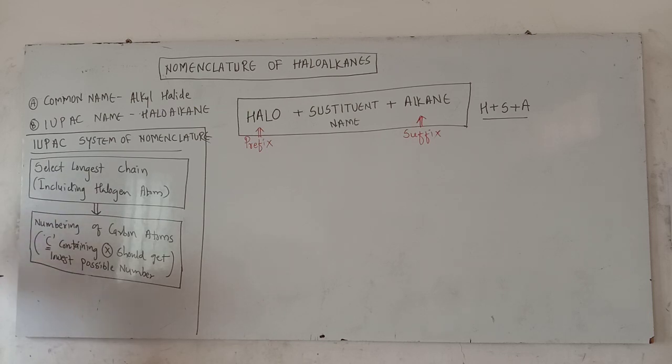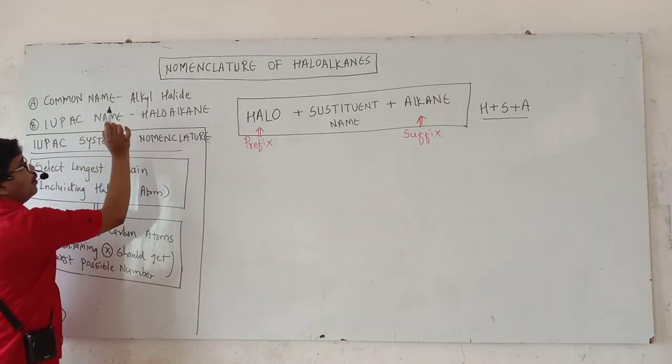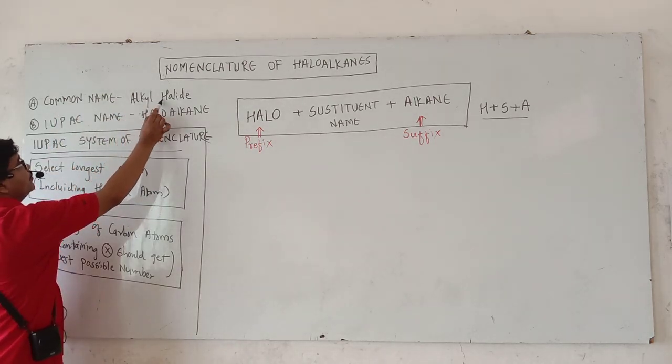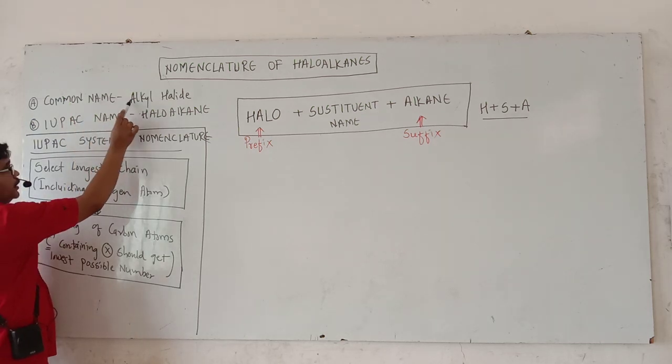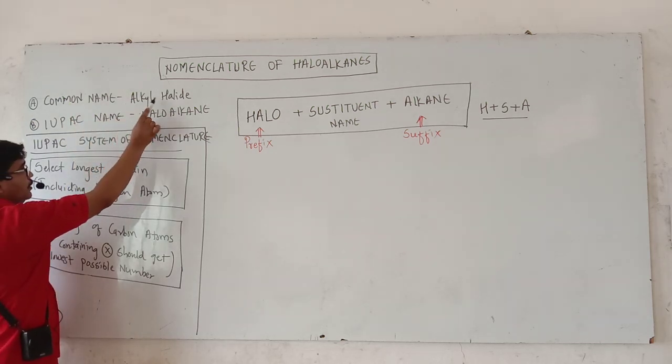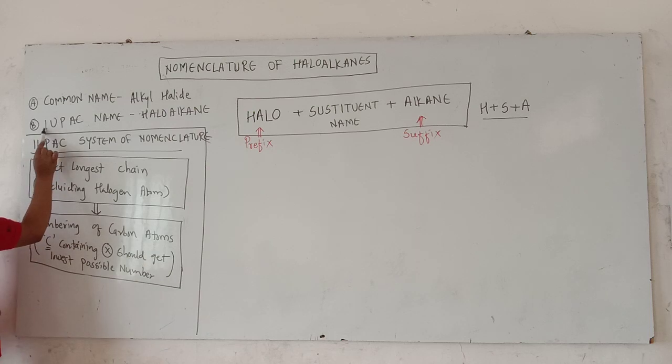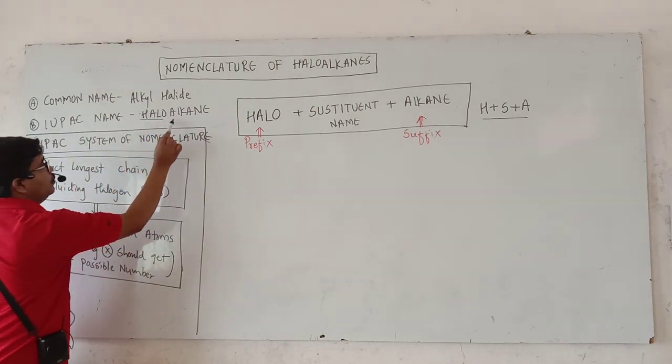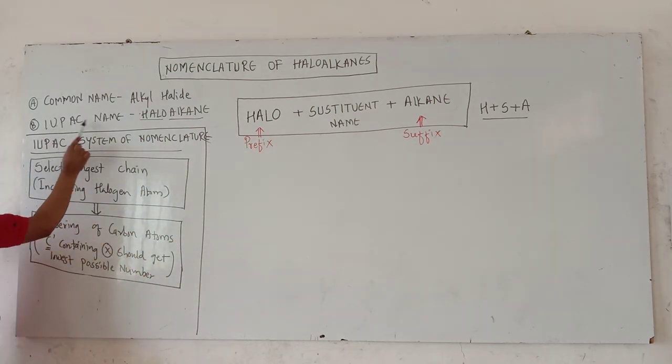Generally, the common name we write in the form of alkyl halide, and the IUPAC name will be written in the form of haloalkane.